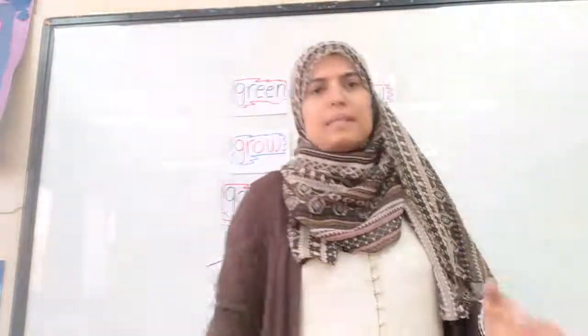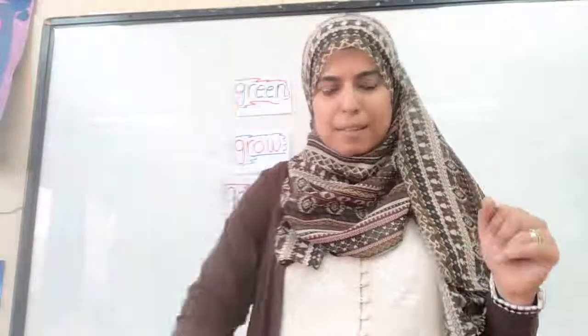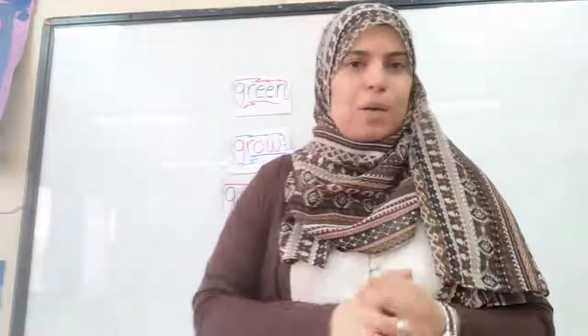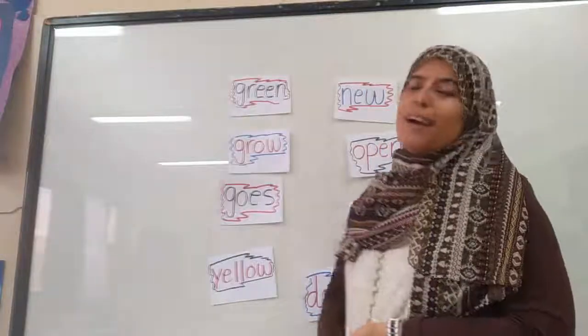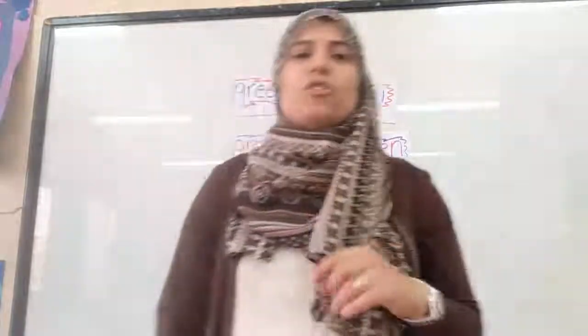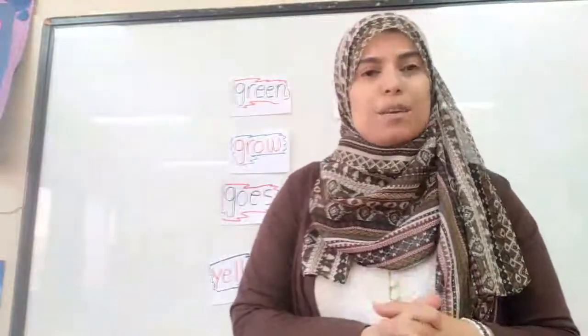And down means down: put your bag down, or sit down. Okay, so these are my new words for today. I think the words are very easy. Inshallah, next session we will work in the vocabulary book in order to discuss the words more.